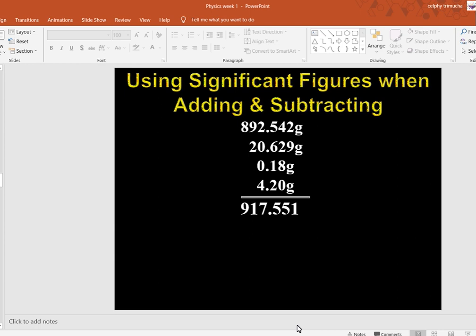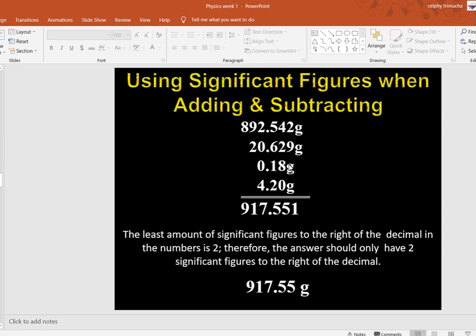So, if we add this one, this will be equal to 9.7551. So that is our answer here. But take note that if we are asked to solve this using significant figures, the least number of significant figures to the right of the decimal in the numbers is 2. Therefore, the answer should only have 2 significant figures to the right of the decimal.